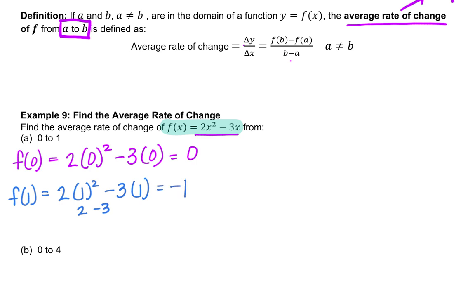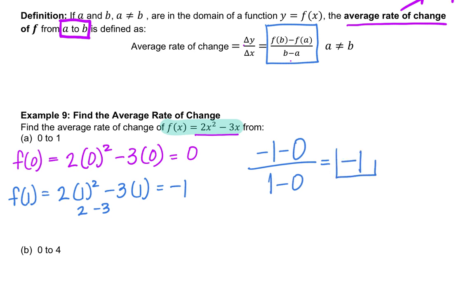To get your average rate of change, you plug it into this formula. f of b is -1 minus f of a, which was 0. B was this 1, and our a is 0. So you got -1 divided by 1, which is -1. So the average rate of change between 0 and 1 is -1.